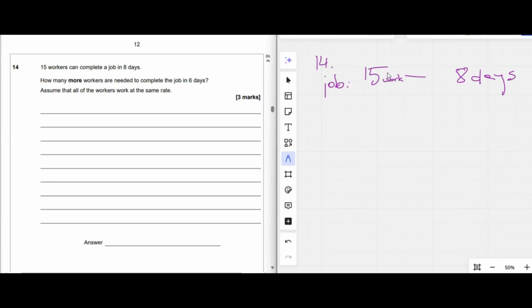Okay, so for that job, if one worker is on site, it will take 15 times longer. So instead of direct proportion it is inverse proportion. So for one worker, the same job will take 120 days.